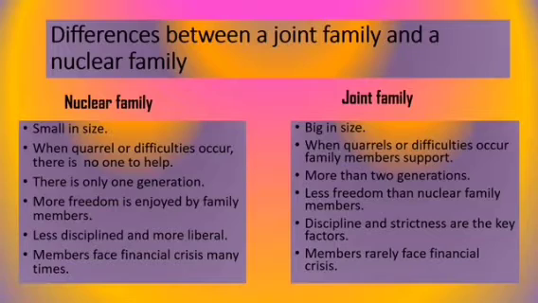But in a joint family, there are so many members who are ready to give a helping hand. So even if one member is not able to financially support, the support of all the other members is ready. I hope you have understood, children, what the differences between a joint family and a nuclear family are.